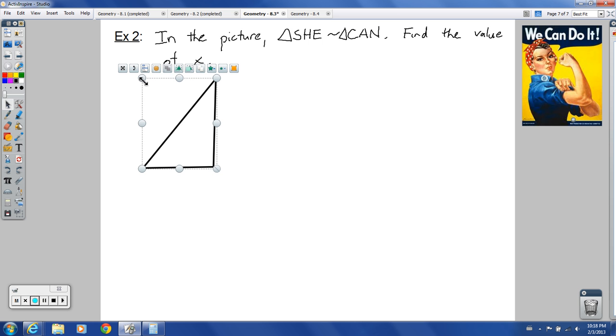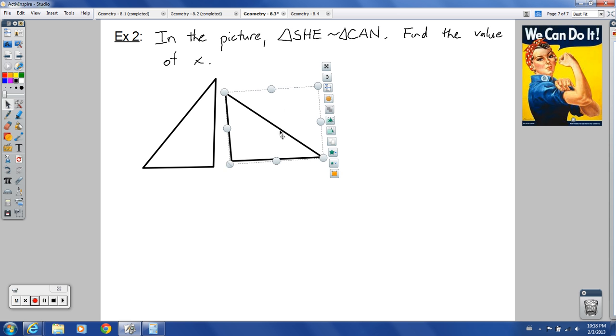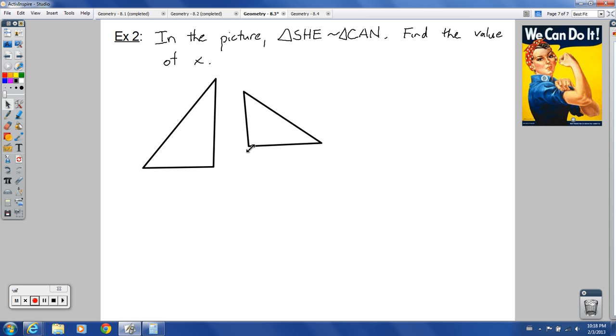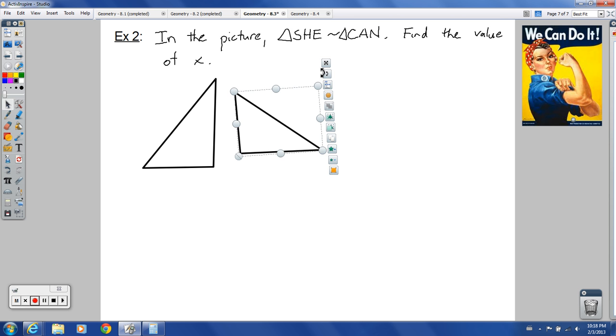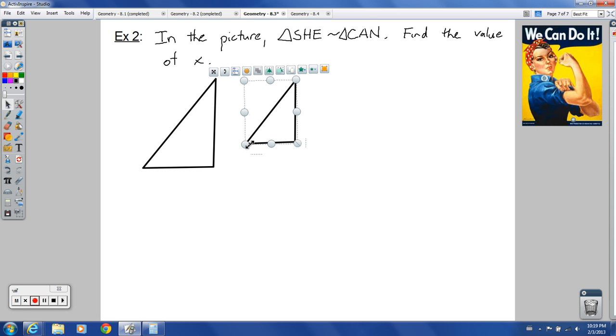I will duplicate this and move that over here. This one I'm going to rotate around a bit, and then shrink it down a little bit too. Actually, I meant to flip that over, so I'm going to rotate it back. I do want to shrink it down. I've got this fancy tool here, let me find that.